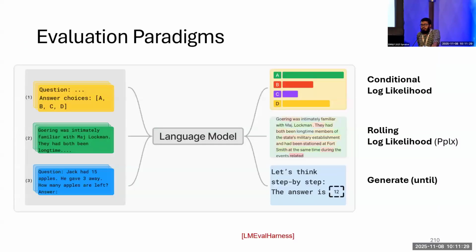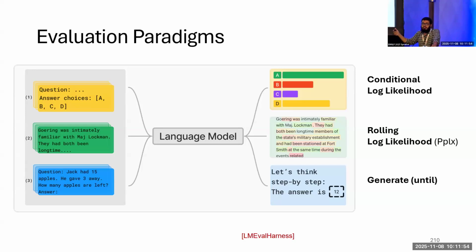Then what are the different evaluation paradigms that one would follow? And this is kind of inspired from LM Eval Harness. So first method for MCQ like benchmarks is the conditional log likelihood method, wherein the idea is that you take a prompt and you append it with one of the options, and you check what's the log likelihood of that option. Then you append it with the second option, you check what's the log likelihood of that, and so on.